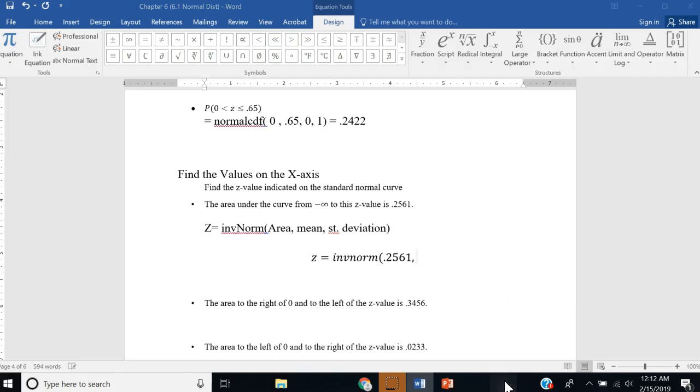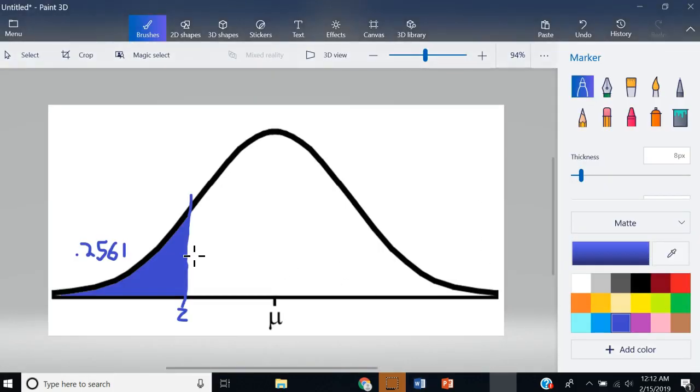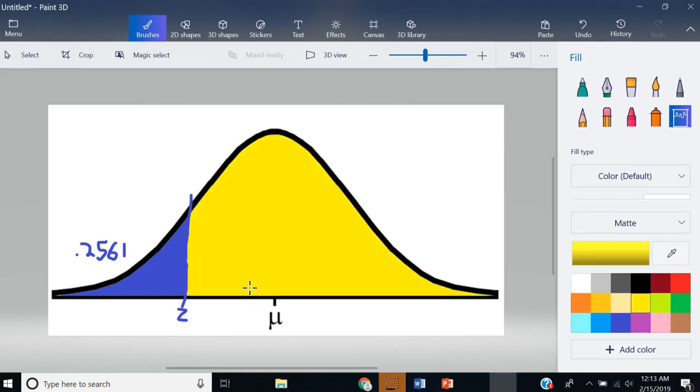The reason that that's the area that I want to use, it turns out I always want to use the area from negative infinity up to z. So in this case, that was the area that was given to me. Notice that if we were given this yellow area, that would have been a very different type of area.